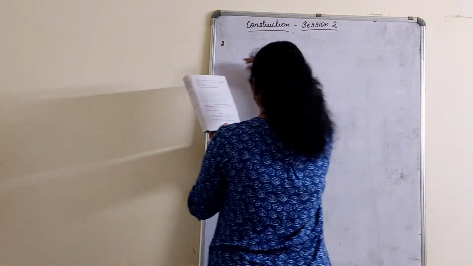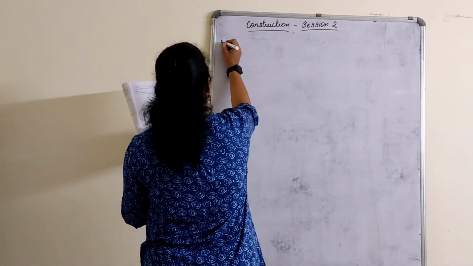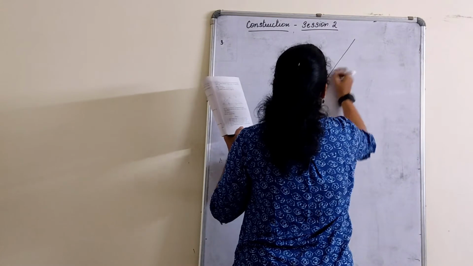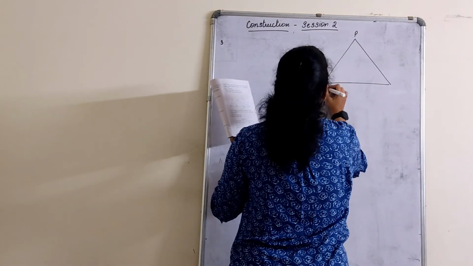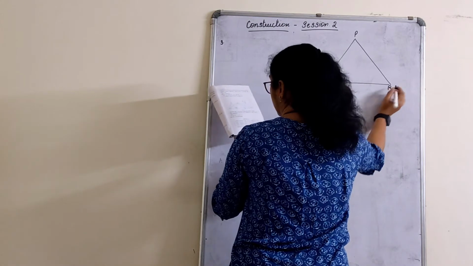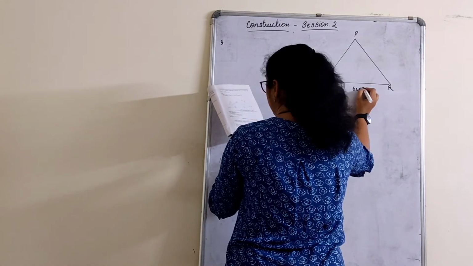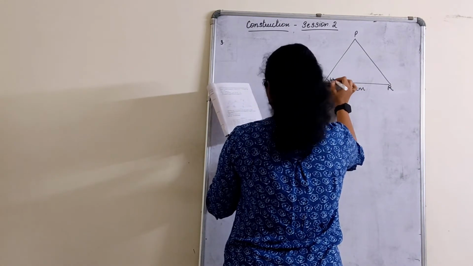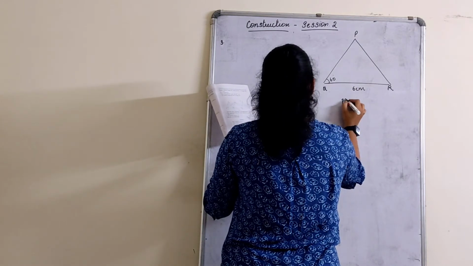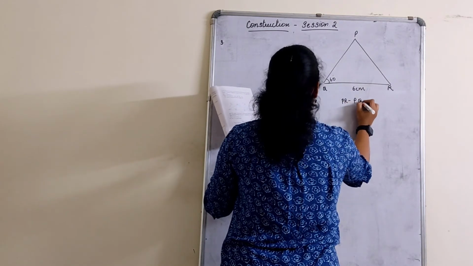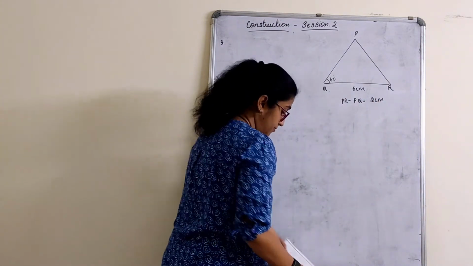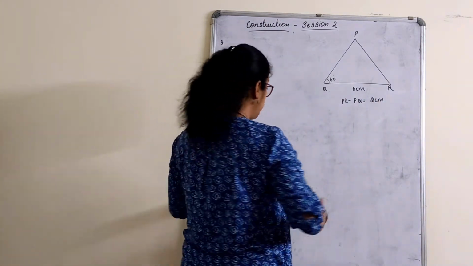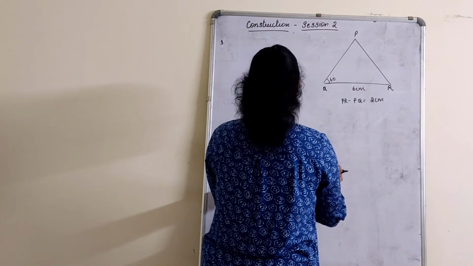So a triangle PQR, third one, where QR is 6 centimeter and Q is 60 degree and PR minus PQ is 2 centimeter. Let me draw the base for 6 centimeter first.